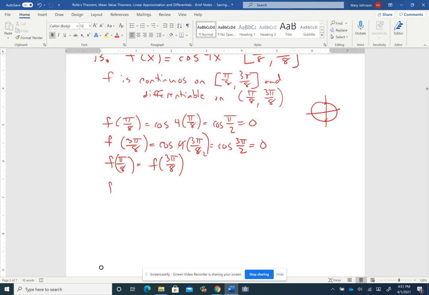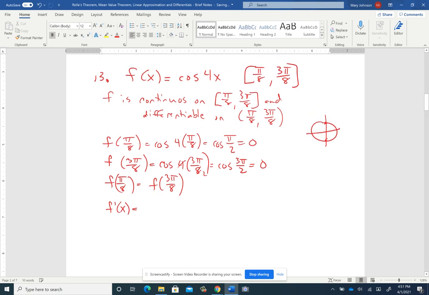So we'll do f prime of x. Okay, when we do, we got to use the chain rule. The derivative of cosine is sine, and remember it's negative. And then take the derivative of the inside, which is 4. And then it would be better to write that -4 sine 4x.